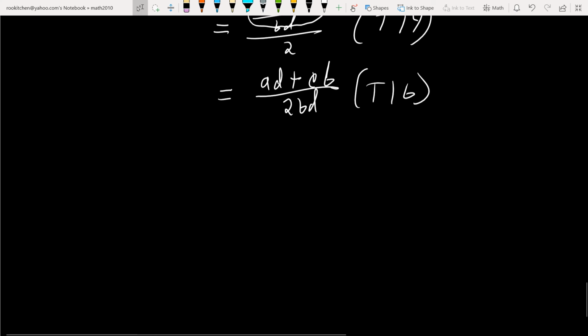Then we have to say that this thing is a rational number. It follows from the closure of the integers, right?